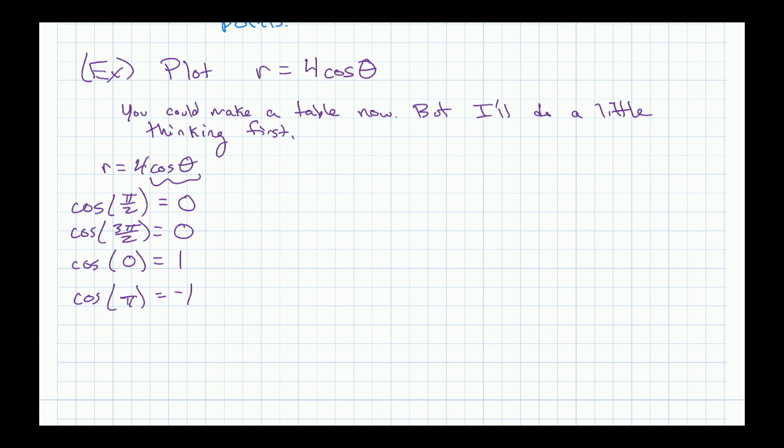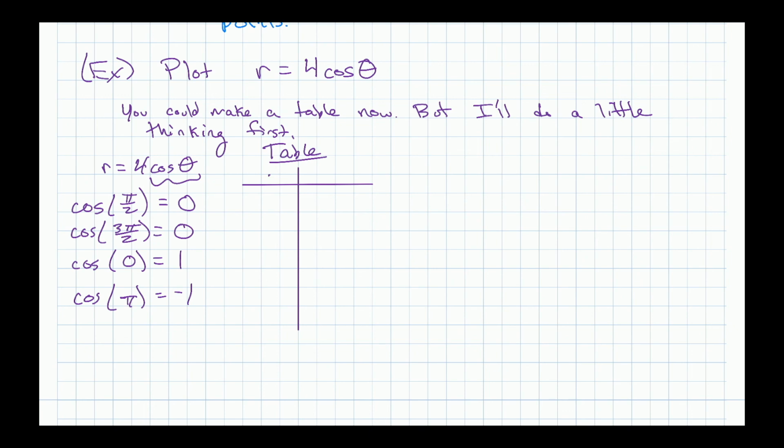Once you have that kind of information, we're going to actually make the table now, and you'll see why we could have technically skipped this and we would have been okay. So let's make a table. For your table of values, you're not making a table with x and y coordinates, you're making a table with r and theta.